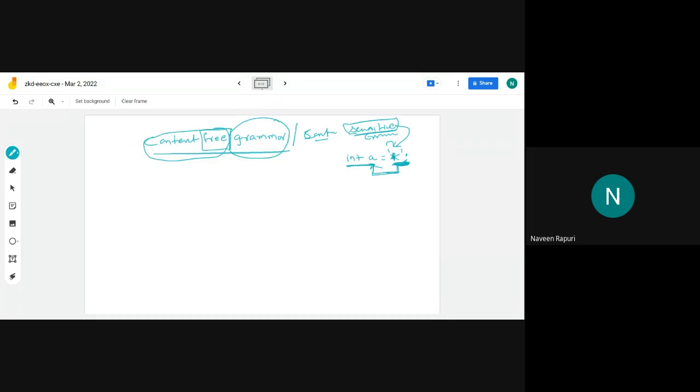Grammar is a collection of rules to identify or recognize the strings.